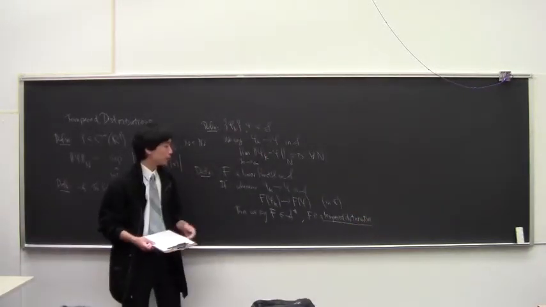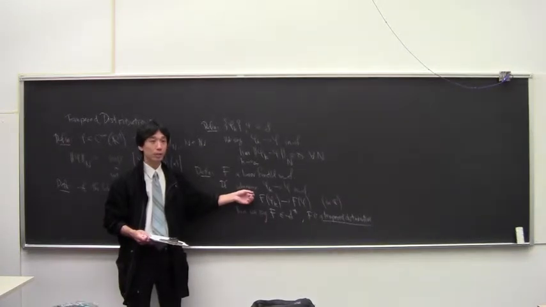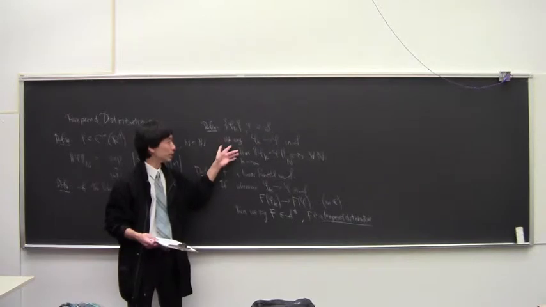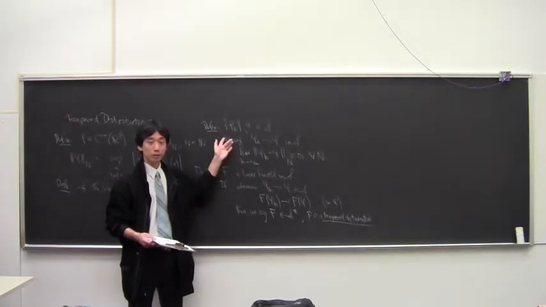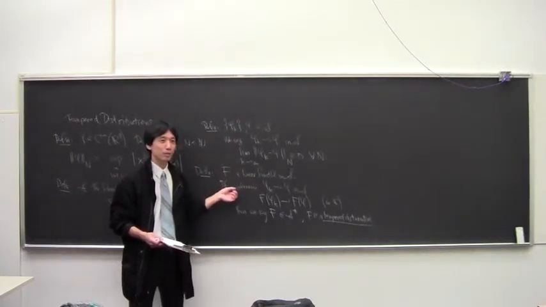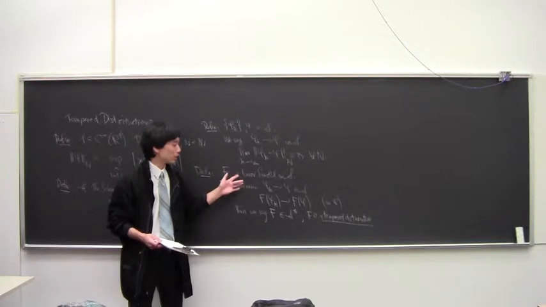In other words, f is continuous with respect to the convergence in S. Basically you're saying it's a continuous linear functional on S. What does it mean to be continuous?